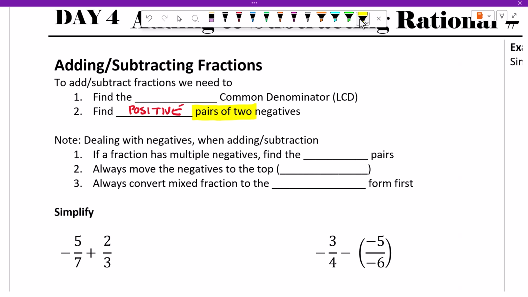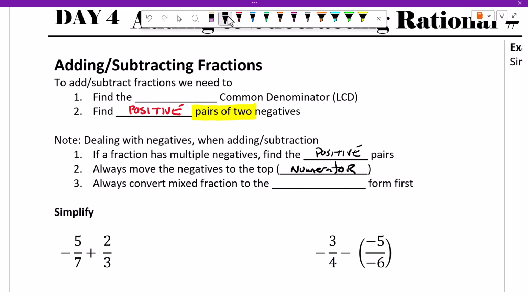Always move the negatives to the top, to the numerator. Find the positive pairs and move it to the top.